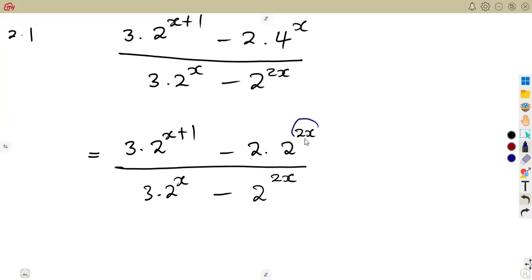But what about this 2x? What does it mean? 2 to the exponent of 2x means the same thing, and we can write it in different ways. This is a product of 2 to the exponent of x and 2 to the exponent of x.